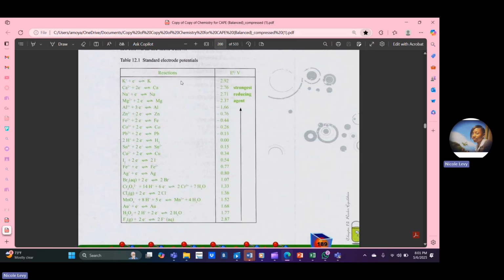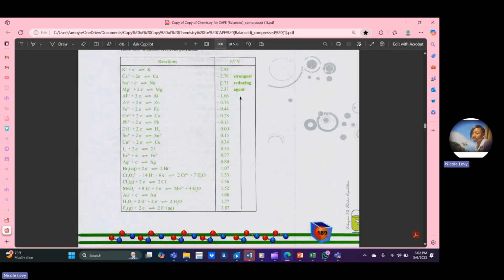So we have these elements and you are seeing their electrode potential values, right? Remember that the more negative this substance is, the more likely it is to lose electrons. So if something is more likely to lose electrons, it would be acting as a stronger reducing agent, because reducing agents reduce something, but they in turn are oxidized.